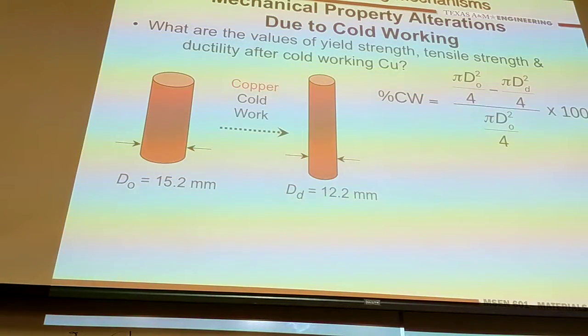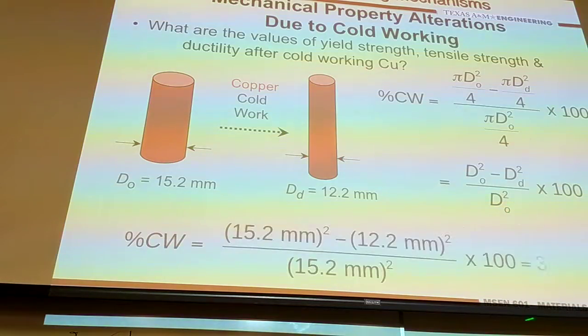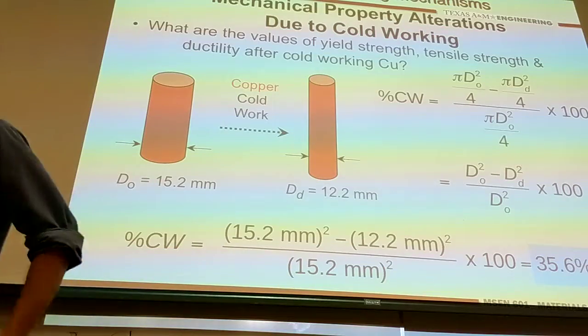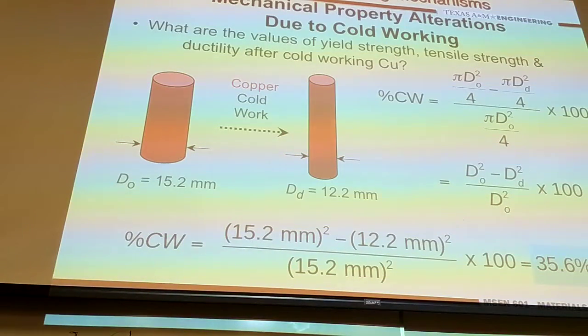Just the area, pi r squared, the difference between this one and this one. So you look at the area reduction divided by the original area, and then times 100, that will give you the corresponding percentage, which is equal to 35.6%. Which means the area reduction is 35.6%.